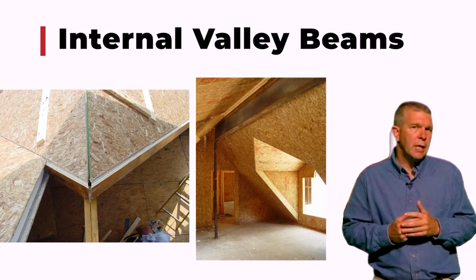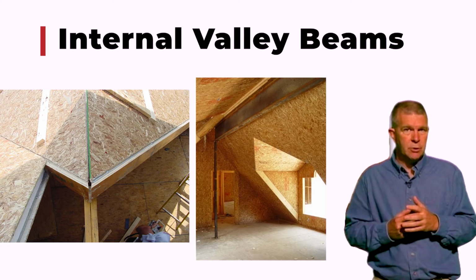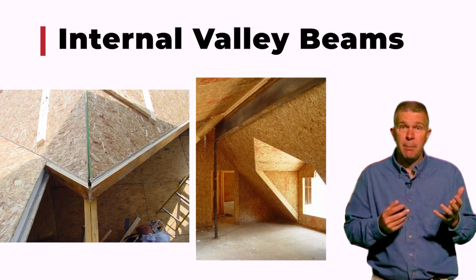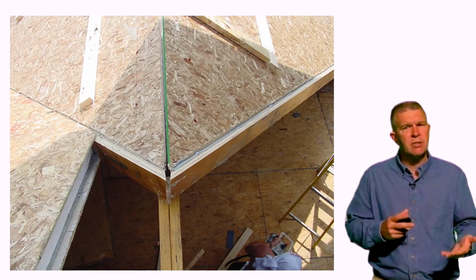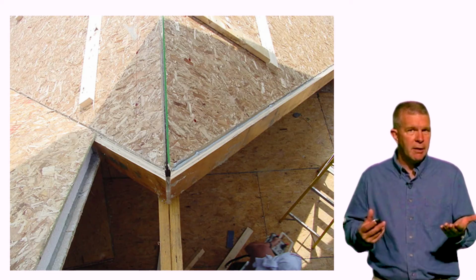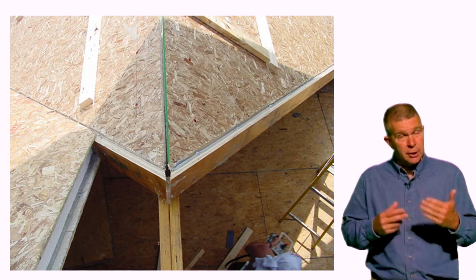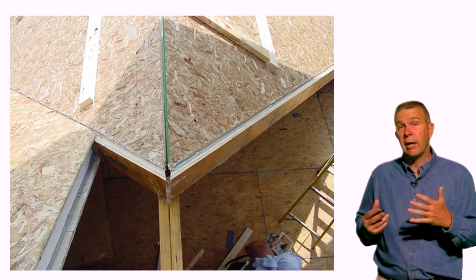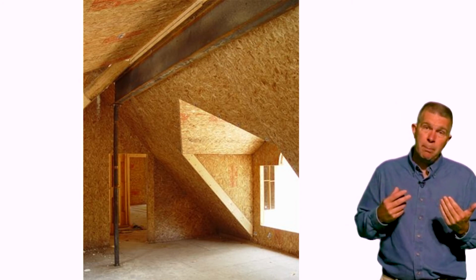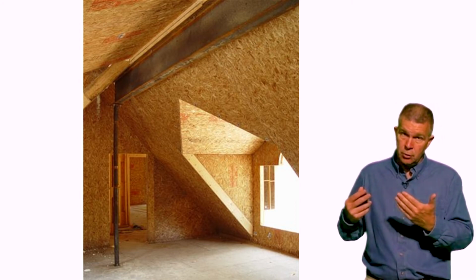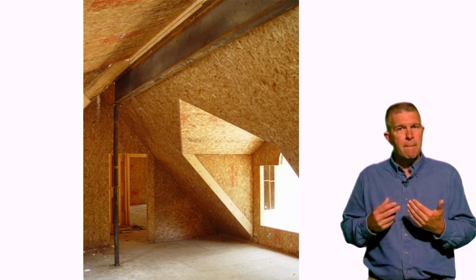In some cases, we can incorporate the support of either a hip or ridge with internal beams. So the beam, whether it be a valley or a hip, might incorporate the structural element inside the panel. This gives us a nice clean line without any of the interference of the support element exposed to the inside. As you look at the photo on the right, you can see this Doghouse Dormer, and you can see that valley connection where the roof panel of the Doghouse Dormer ties into the main roof panel, and we don't have that support beam underneath it.